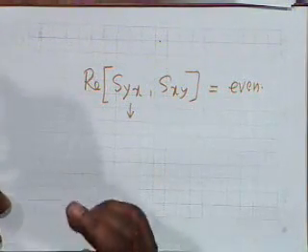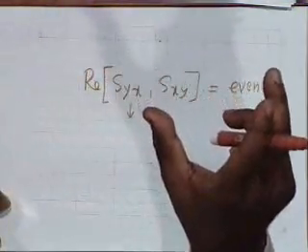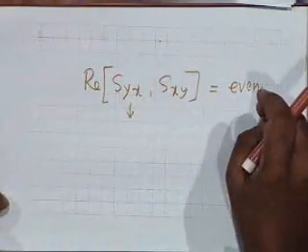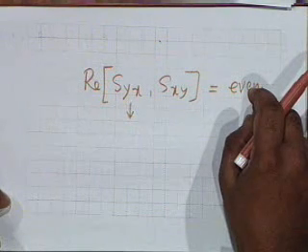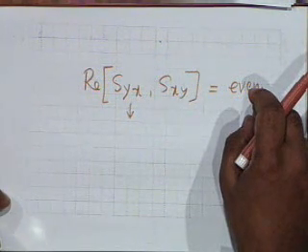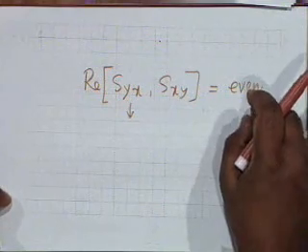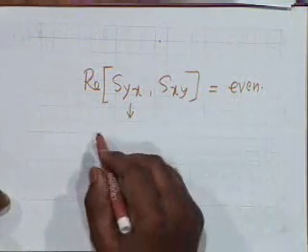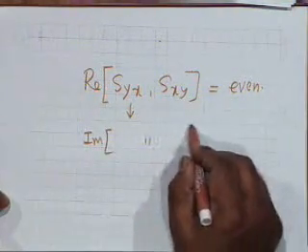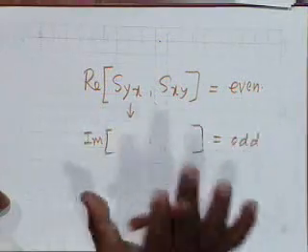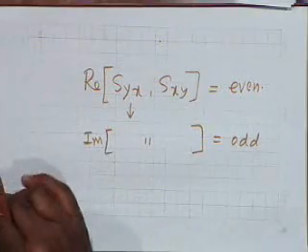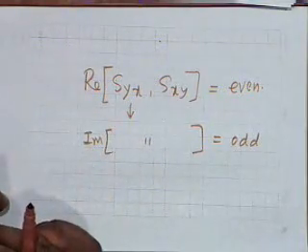It is a Fourier transform multiplied by the complex conjugate of another Fourier transform. So if you take the real part, it must be even. Can the real part be negative? Why not? It's very easy to make a mistake. The imaginary part of this must be odd. All that we can say is this, nothing else. Regarding the sign or any other thing, you must be very careful.